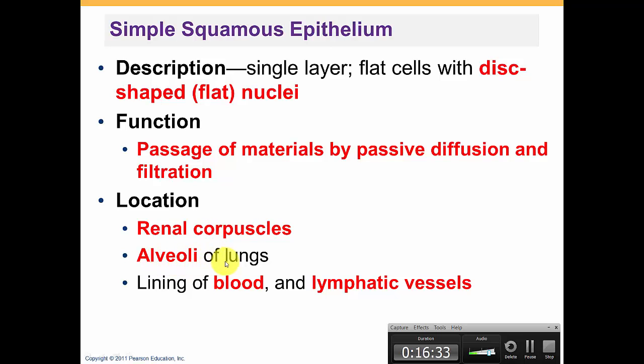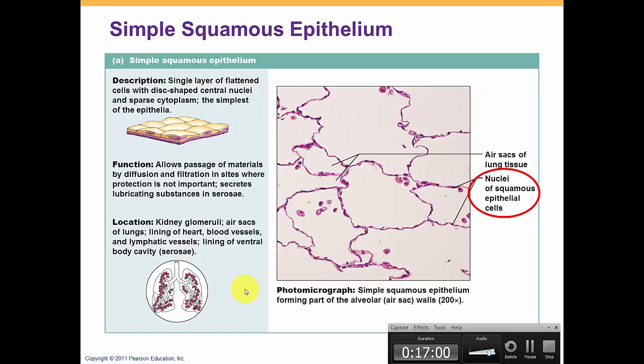It's also in the alveoli of the lung because this is the place where gas exchange happens. You want only a very thin layer. And it lines blood vessels and lymphatics. You actually have the diffusion of nutrients from the blood to the cells occurring through the wall of the blood vessels. So you need this layer to be very thin as well.